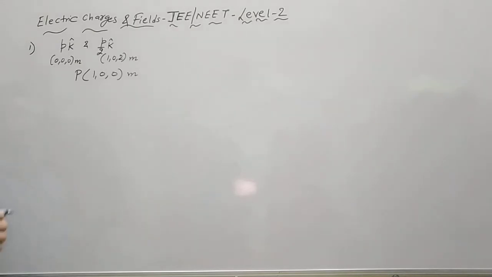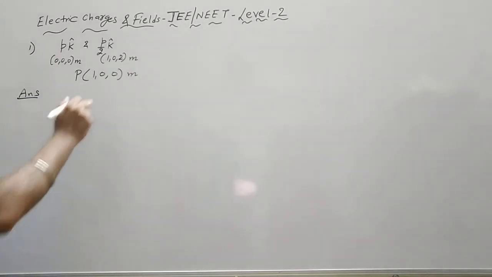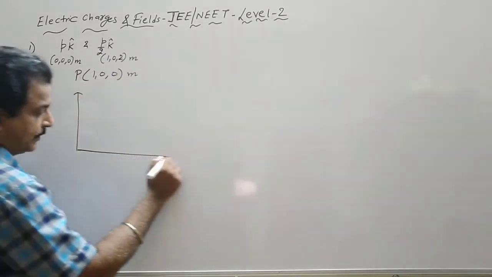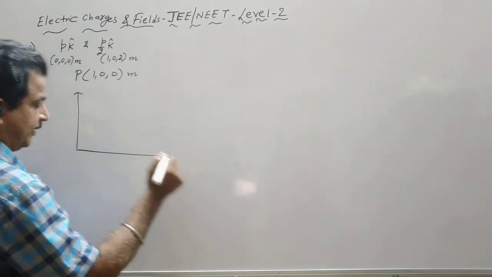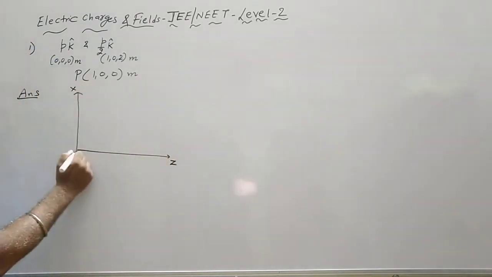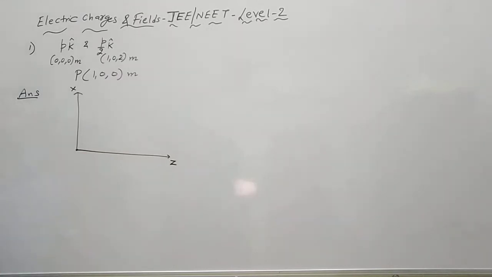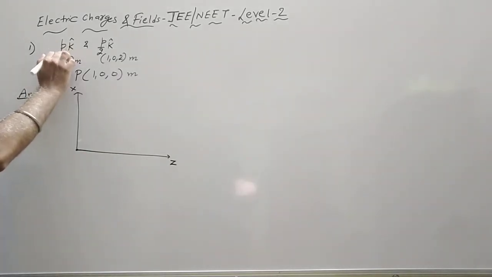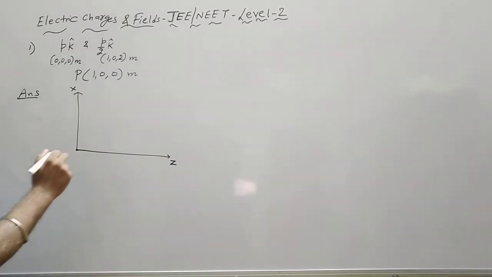So let us try to draw a diagram for this. As we have to deal with the x and z axes only, let us take this as the z axis and this as the x axis. Now this is our origin. One dipole whose dipole moment is P k cap is at the origin.